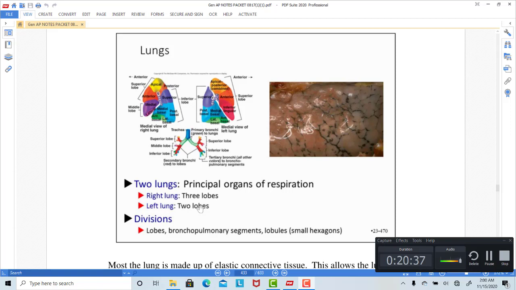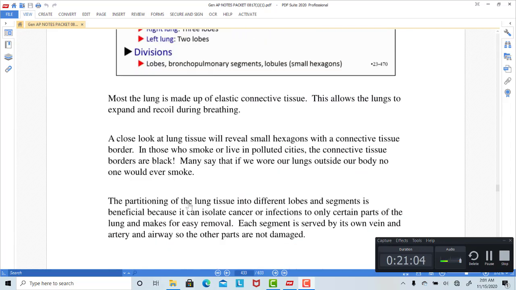The left lung has only 2 lobes, and it has a little notch for the heart to fit, which we call the cardiac notch. So there's slightly different anatomy of the right and left lung, but the same amount of pressure and volume in the lungs. It's just a slight difference in their anatomical makeup.